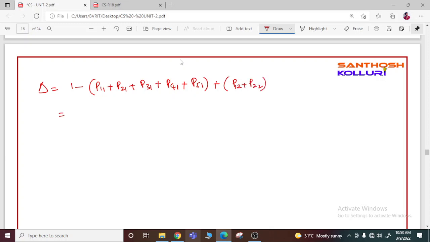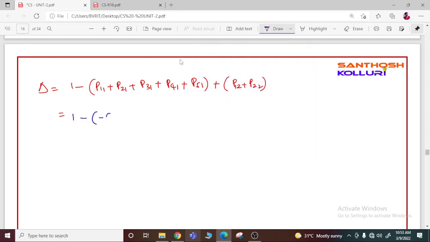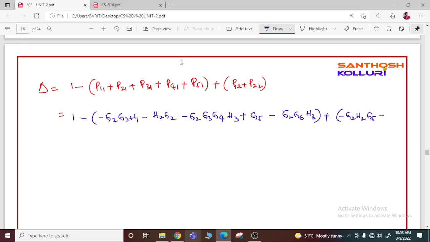So I can write here 1 minus G2 G3 into H1 minus G2 into H2 minus G2 G3 G4 H3 plus G5 minus G2 G6 H3 plus two non-touching loops here, minus G2 H2 G5 minus G2 G5 G6 H3.